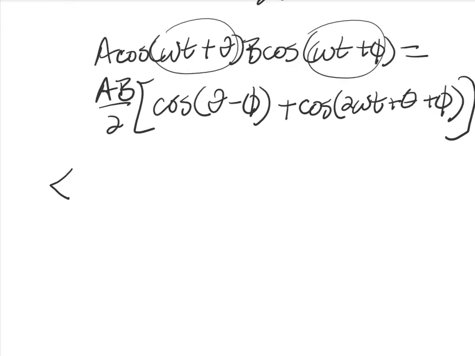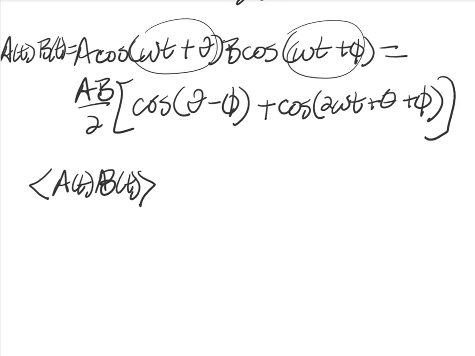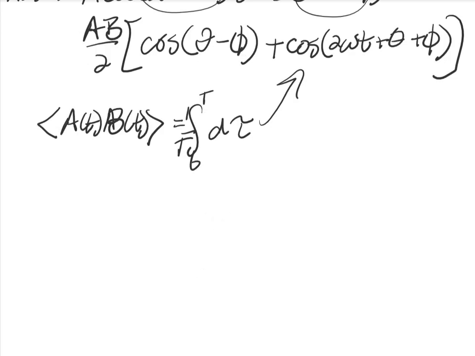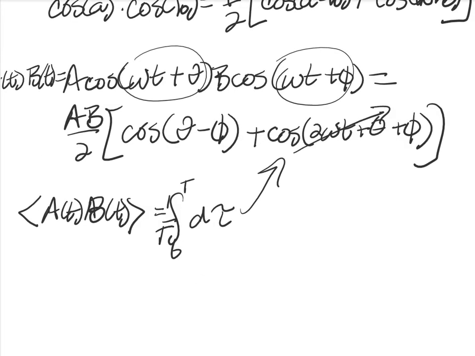Now, if we wanted to take those two functions, a of t times b of t, and find the time average of the product of those two sinusoids, we would just take the time average, 1 over T, integral 0 to T, d tau, all this stuff. Now, this is a cosine, so it averages out to 0 over one period.